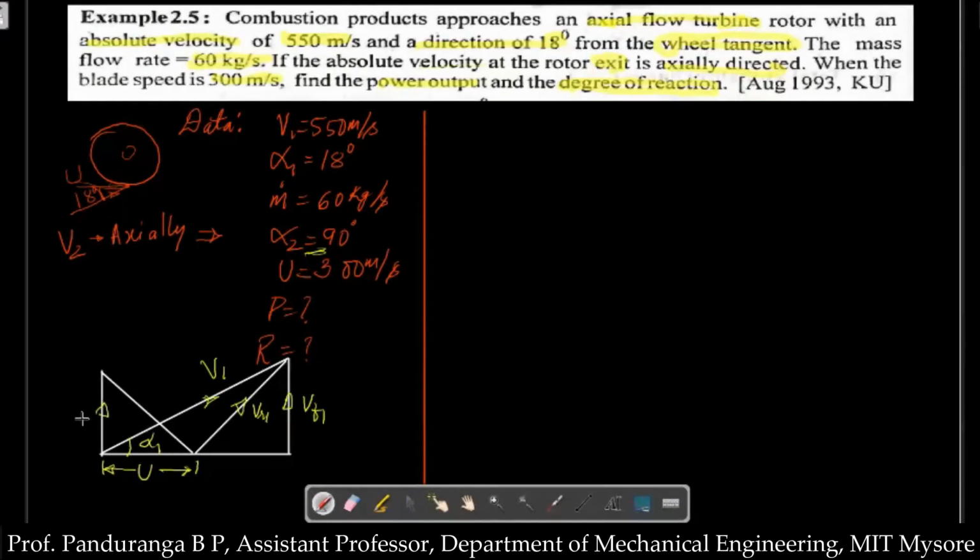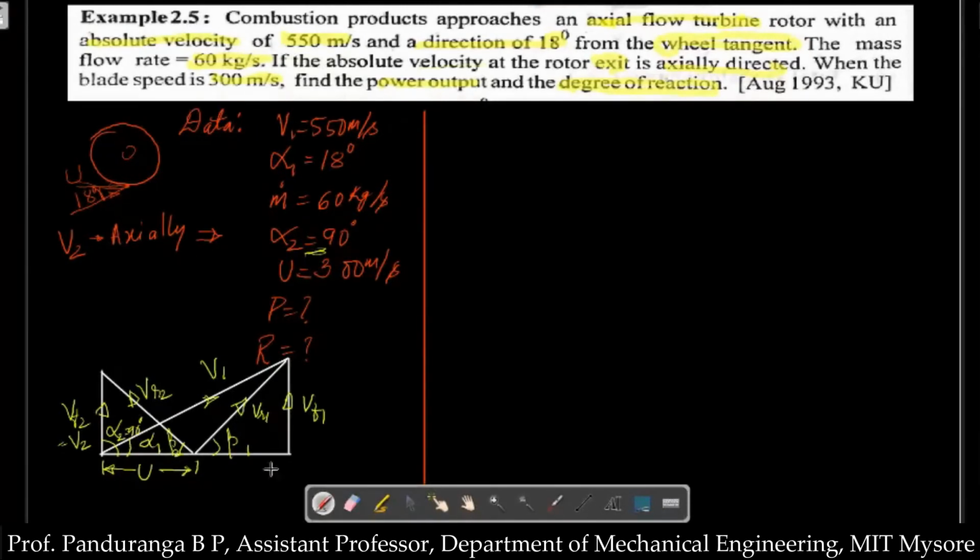This is VF2, and that is also equal to V2 because alpha 2 is 90 degree. So V2 will be vertical in our velocity triangle, and this will be our VR2. This is beta 1 and this angle is beta 2.